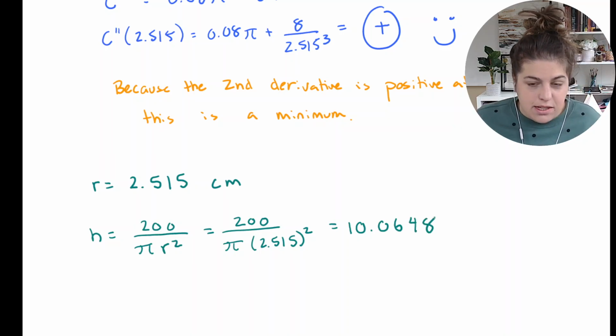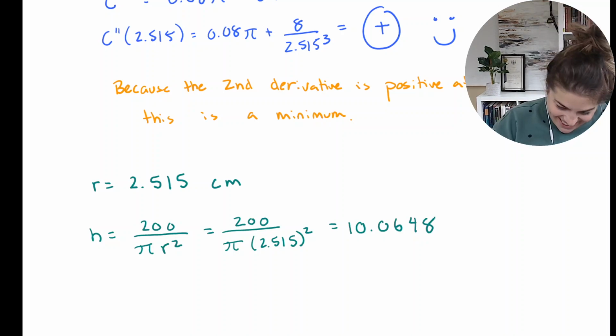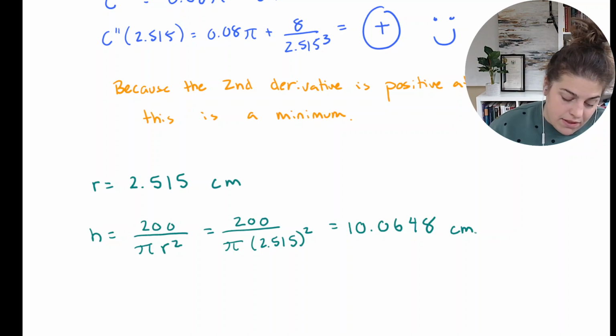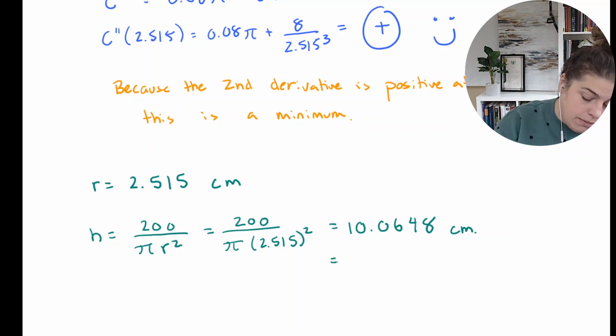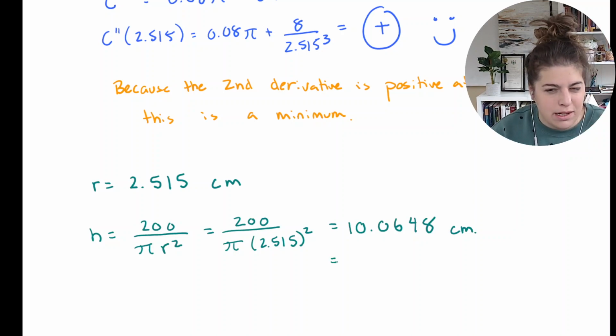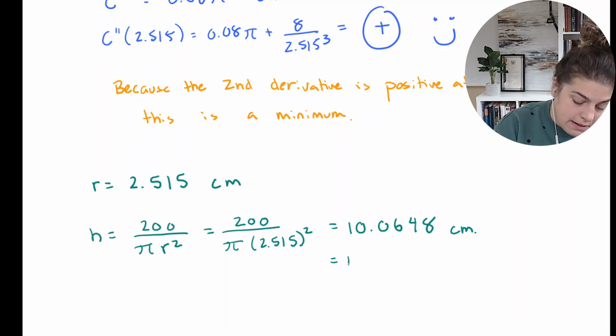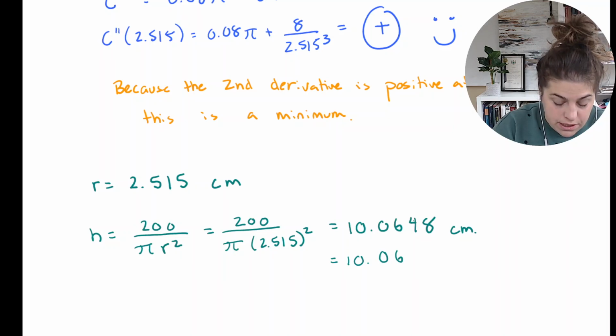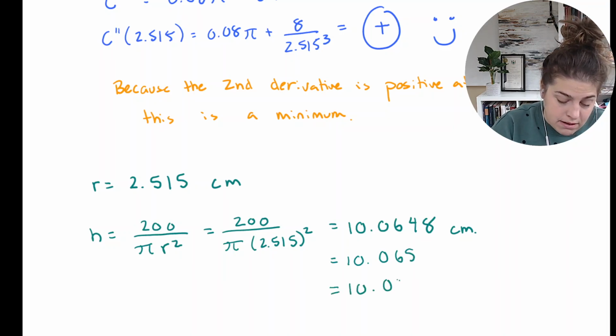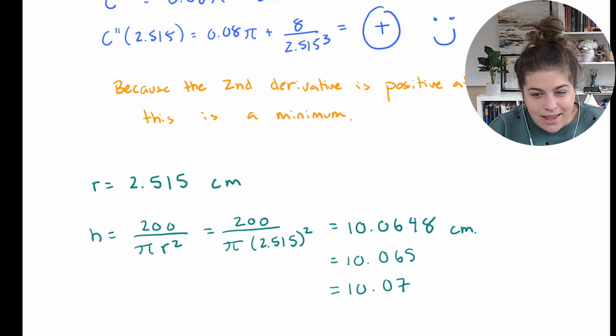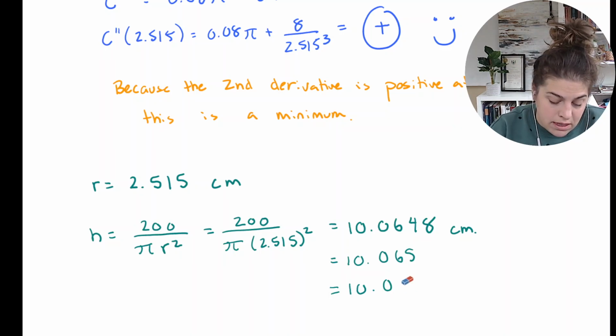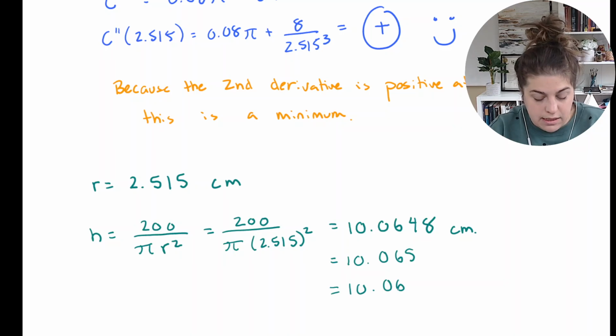This is good, I'm glad we hit this. Because if this is our answer and we wanted to round this to two decimal places, oftentimes people will say, well, the 8 turns the 4 into a 5, and so that means that I've got 10.07. This actually rounds to 10.06.